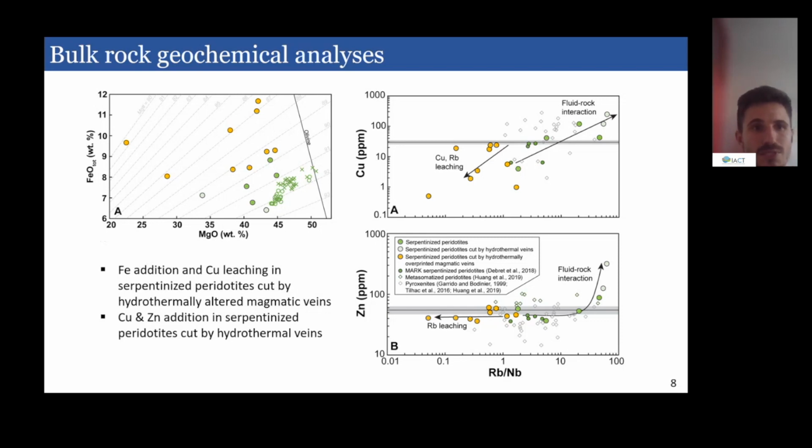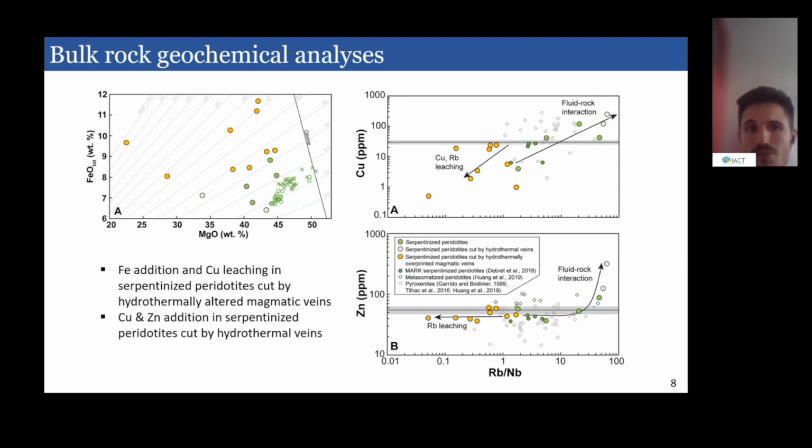The symbols here are: the orange dots correspond to the serpentinized peridotite cut by former magmatic veins, the pale green dots correspond to the serpentinized peridotite cut by hydrothermal veins, and the green dots correspond to serpentinized peridotite. We observed for iron that the serpentinized peridotite cut by former magmatic veins are quite enriched in iron and have lower magnesium number, represented by these gray dotted lines, compared to the typical serpentinized peridotite of the mark area.